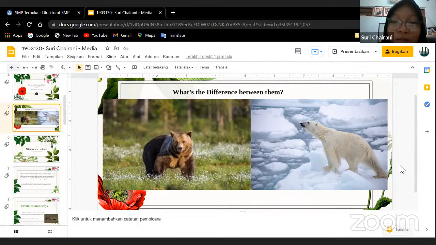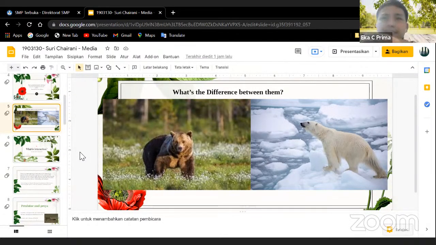And for the brown bear, you can also know that the other name for the polar bear is honey bear. So you can already know that this brown bear can eat either honey or small animals.